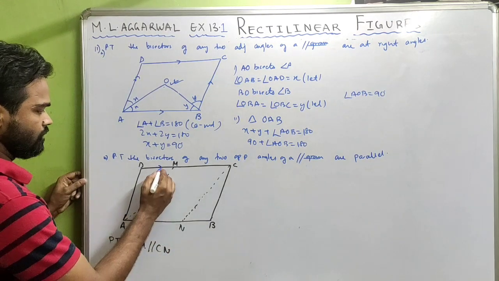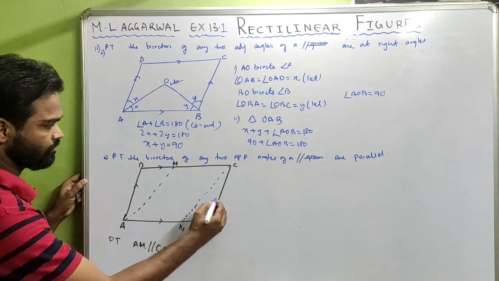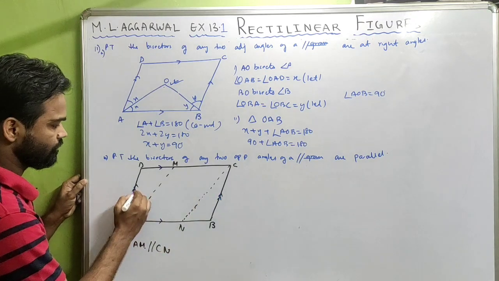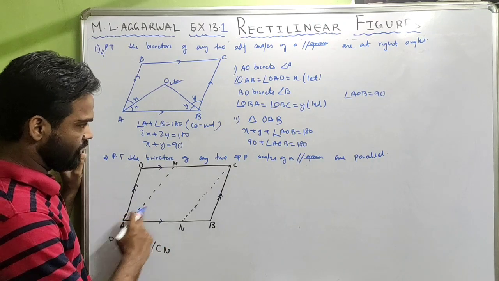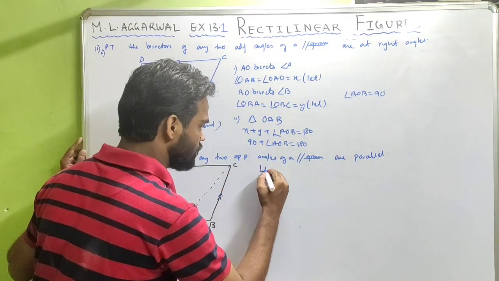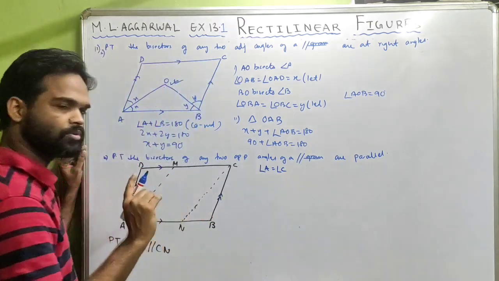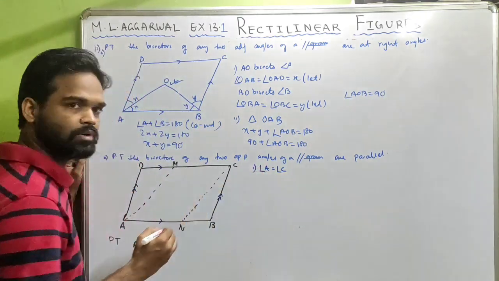It's a parallelogram. We know this. Now, angle A and angle C are equal. Opposite angles of a parallelogram are equal.